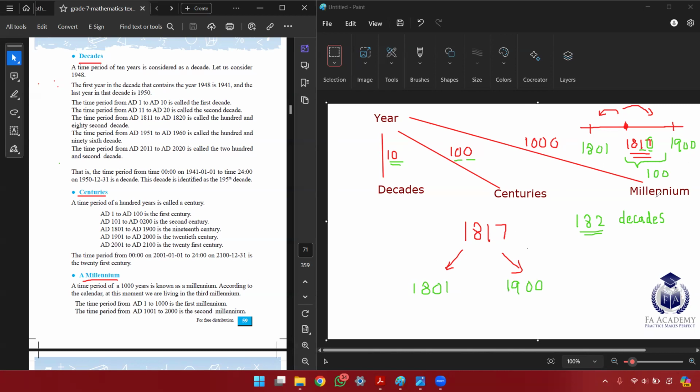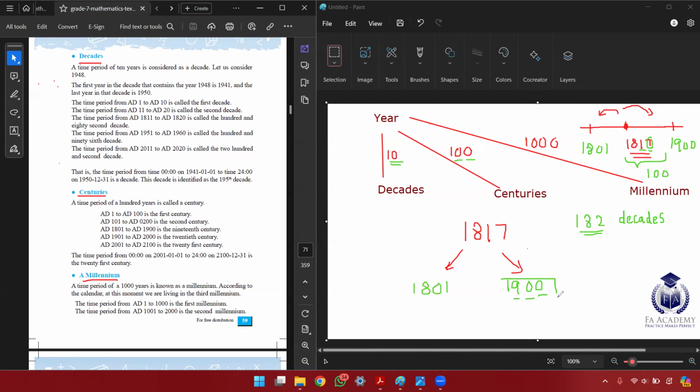So once you decide the hundreds, which is on both sides, you need to see the hundreds place here. So what's the hundreds place? This is ones place, tens place, and this is the hundreds place.